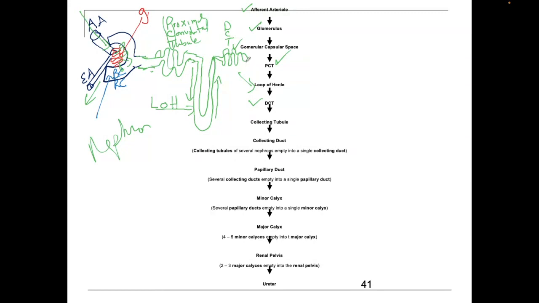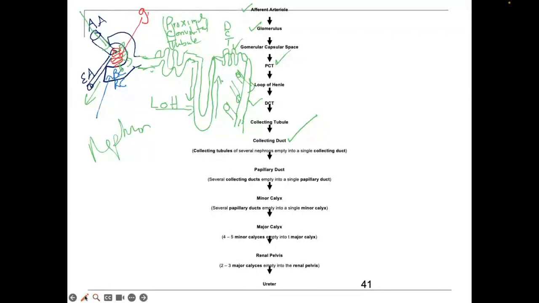After this distal convoluted tubule, it's going to lead into a collecting duct, which is here. There are many different collecting tubules, which are just branches that lead into the collecting duct.